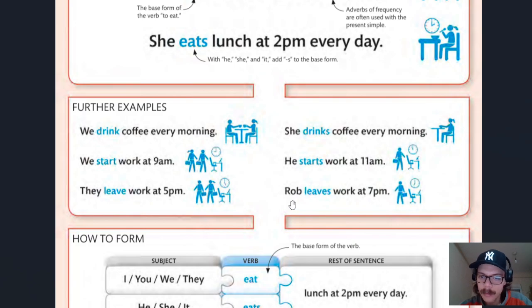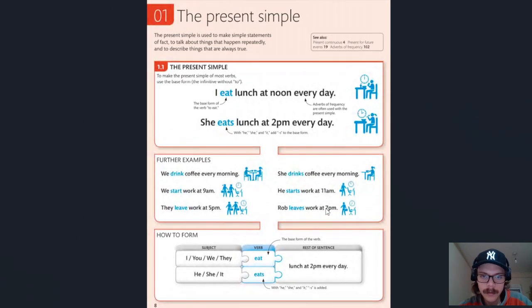So for Rob, referring to a person, it can be he or she, because you're referring to only one person. So it doesn't matter if it's he or she, because in both cases, you would add the s, right? Good. So hopefully that's understood. That is the main part here.